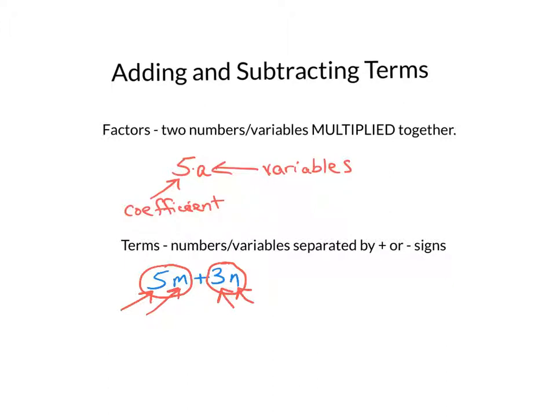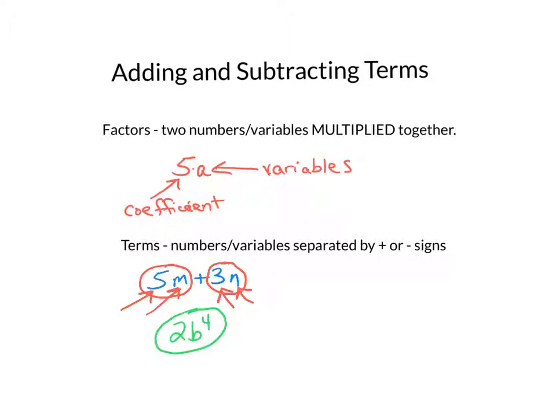If you are given 2b to the fourth, it's not separated by an addition or subtraction sign, but there is one term here. It stands alone, it's by itself. There is one term in that expression, 2b to the fourth.